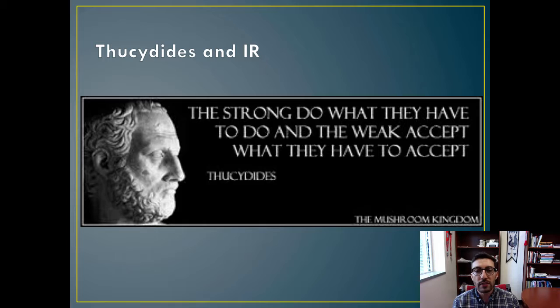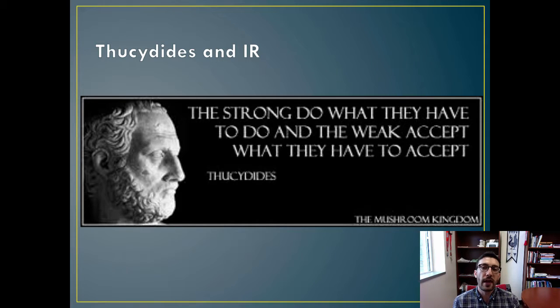So I want you to take a second and think about, of the three schools of thought that we just covered, realism, liberalism, and idealism or constructivism, which one of those does this kind of quote appear to relate to? Okay, if you guessed realism, you were right.